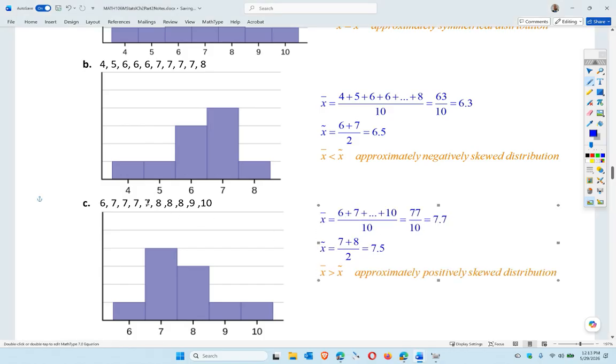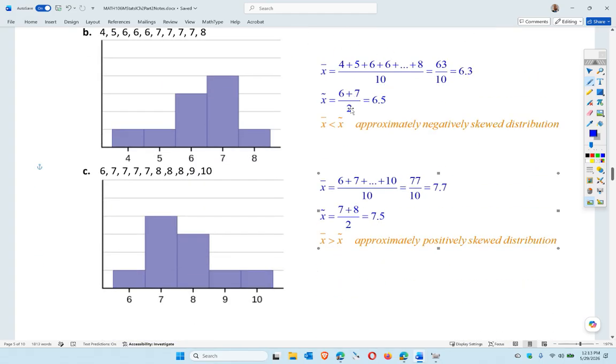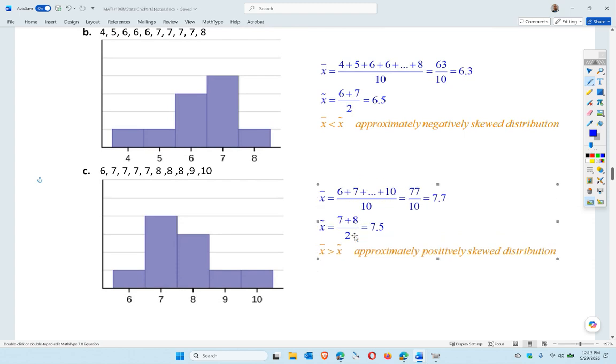And the middle value is between the 7 and 8, because there's 10 values. So between the 5th and 6th value, you get 7.5. So in fact, the mean is slightly bigger. Obviously, you typically have bigger data sets than these. 10 is not very many values. Okay, so either approximately symmetrical, approximately skewed left, or approximately skewed right, or positively skewed.